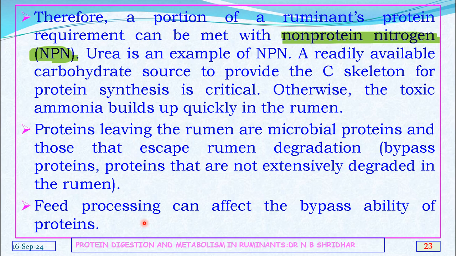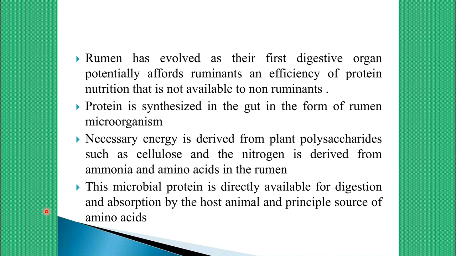For example, if the cakes are made by heat process or formaldehyde application, then they can be converted to bypass proteins, so that they can be utilized by ruminants for production of quality amino acids. So this is about the very simple digestion process, especially the ruminant digestion system.